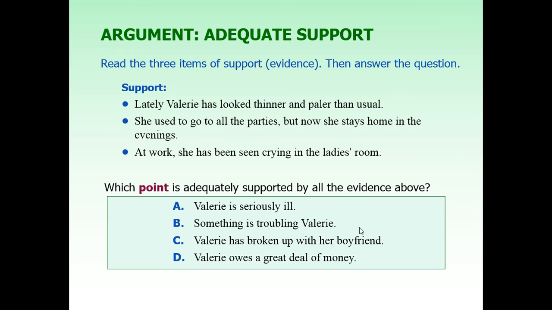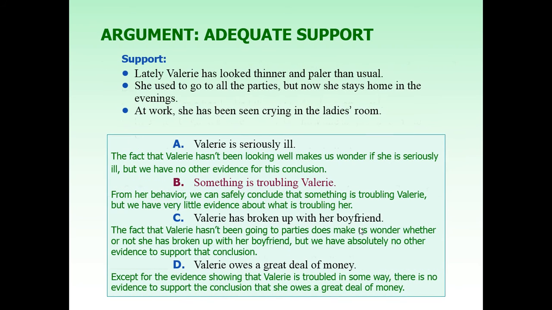So when you're dealing with points or major arguments, you want to go more vague and not be as specific pertaining to the support. So the correct answer here is B, because A, well, she does look thinner and paler. She would maybe be ill, but there's nothing where it says that she is not feeling well.